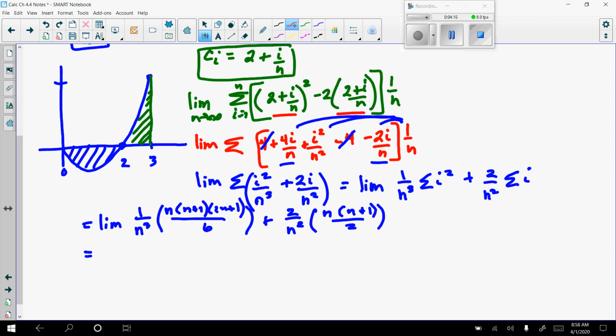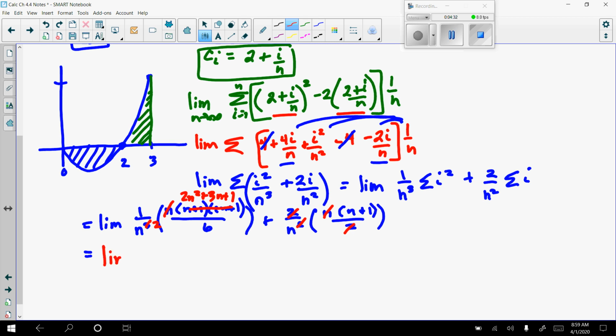I can do some canceling. This n makes this become squared. This becomes 2n squared plus 3n plus 1. This cancels with this, and these 2's cancel.